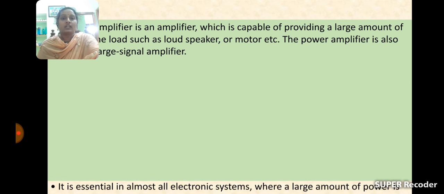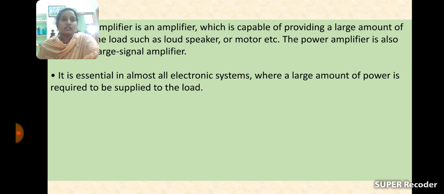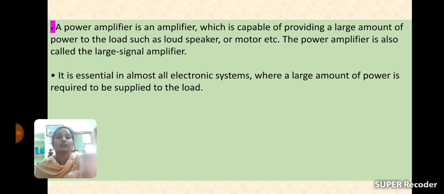And see here, it has the capability of providing a large amount of power to the load. What is the main capacity of a power amplifier? It provides a large amount of power to the load.